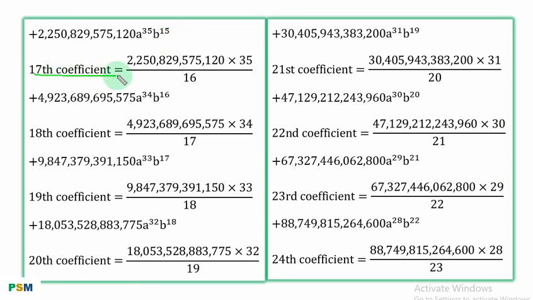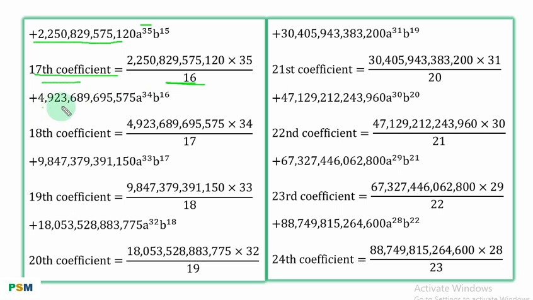17th coefficient is equal to the previous coefficient times the power of the first term. At this point, 35 divided by 16. Divide by 16 because before here, the first term has occurred 16 times.